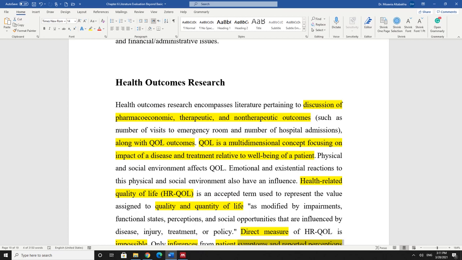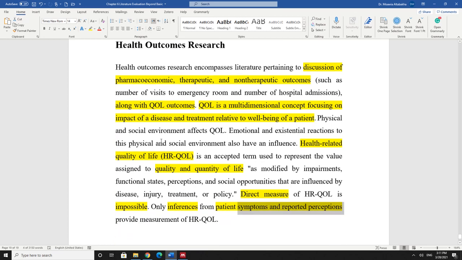Health-related quality of life, here we are talking about a measurement of quality and quantity of life, which is not direct. So how do we get it? We get it from patient symptoms and how he perceives or reports such symptoms. When we say quantity, we know the quantity, how much the person will live for.